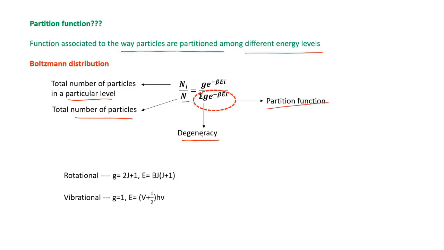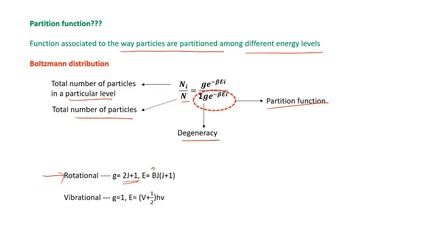This degeneracy will be different in the case of rotational partition function and vibrational partition function. In the case of rotational partition function, degeneracy g will be equal to 2J plus 1, where J is the rotational quantum number, and energy is equal to BJ into J plus 1, where B is the rotational constant.